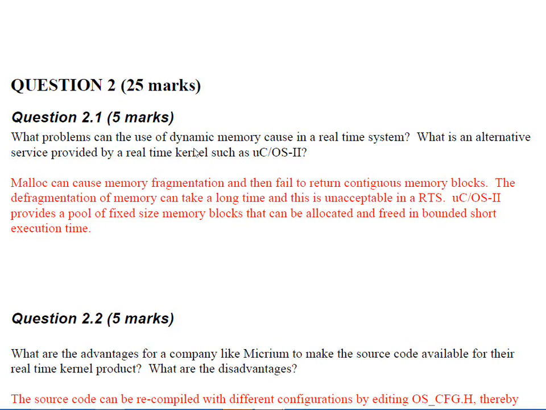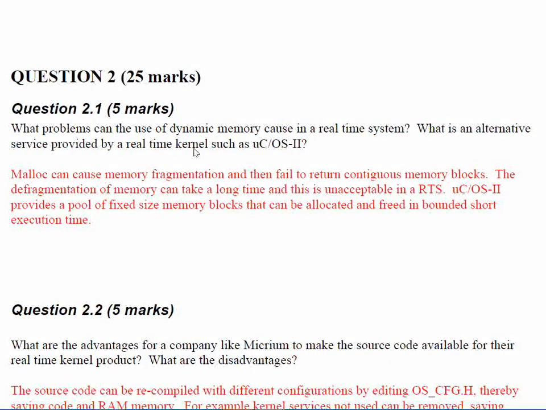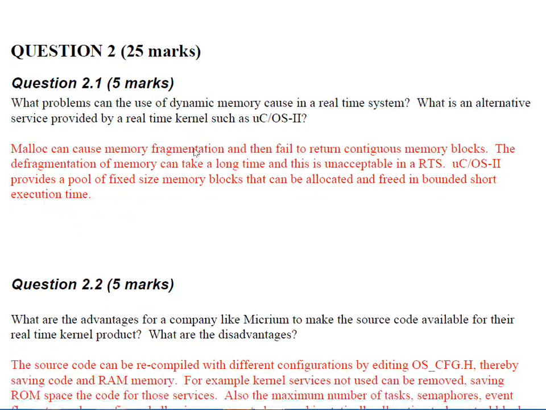Yeah, it actually helps them because people can see any bugs, but also it's about reconfiguring the system to use less memory and less functions that you don't require. So that os config.h allows you to turn off, say, if you're not using event flags, you can turn off the code and memory usage associated with that.